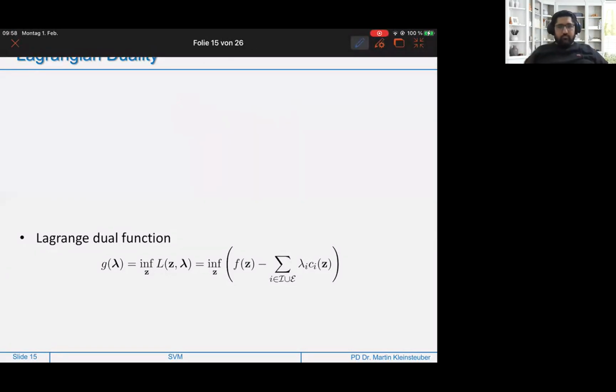So we have this f of z, and here we sum up over all our constraints.